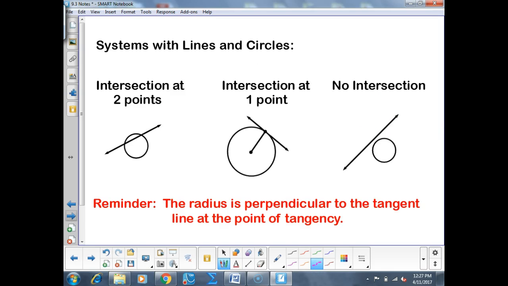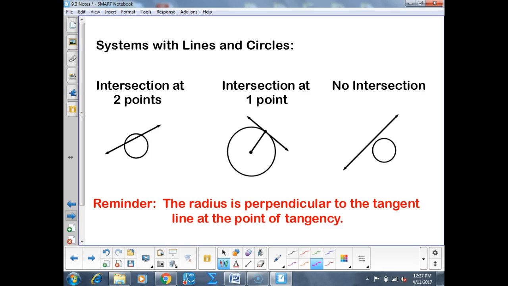Okay. Now, just a little geometric refresher for you. You don't have to write this down if you don't want to. A line can intersect a circle in 3 different ways. It can intersect the circle twice, and we call that a secant line.